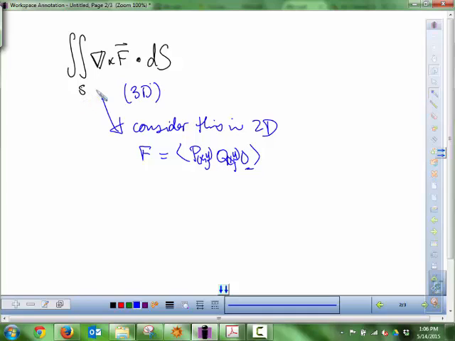And now your surface, instead of a wild surface in 3 dimensions, is probably just dropped down to a 2-dimensional region. We'll call it D. I forgot my arrow on the little s, big S there.